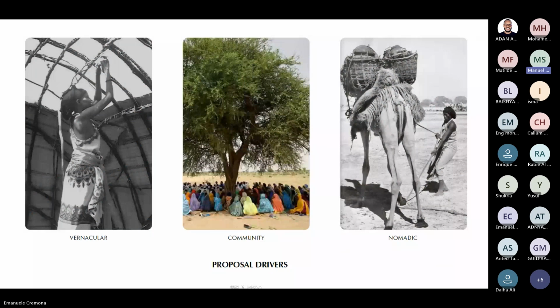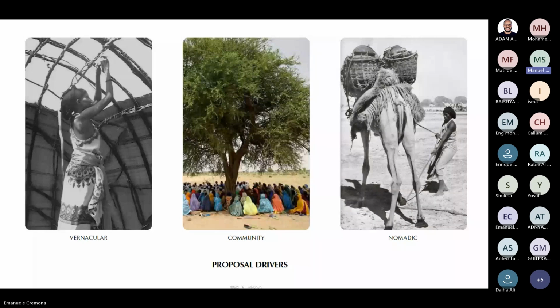And for this site, we were inspired by the vernacular construction, self-construction, especially the akal. We were inspired also by the community work that this takes, and so this is a very important part for us. And also by the nomadic culture, which translates into the ability to just pack everything and move.